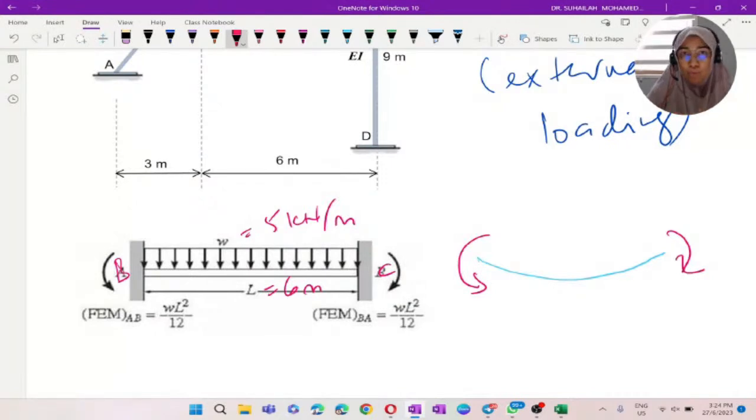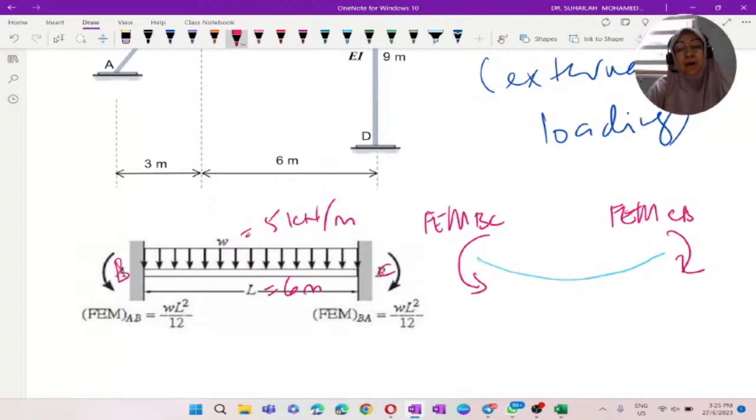So this will bring us the sign of fixed end moment. Please remember, due to external loading, we will get one negative, one positive value, because we have to compare with the sign convention for moment distribution method. So this is FEM for BC, and this is FEM for CB.